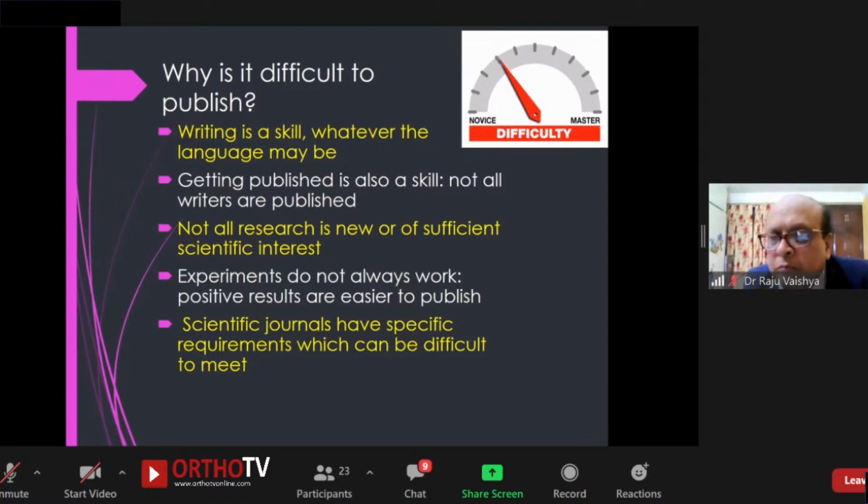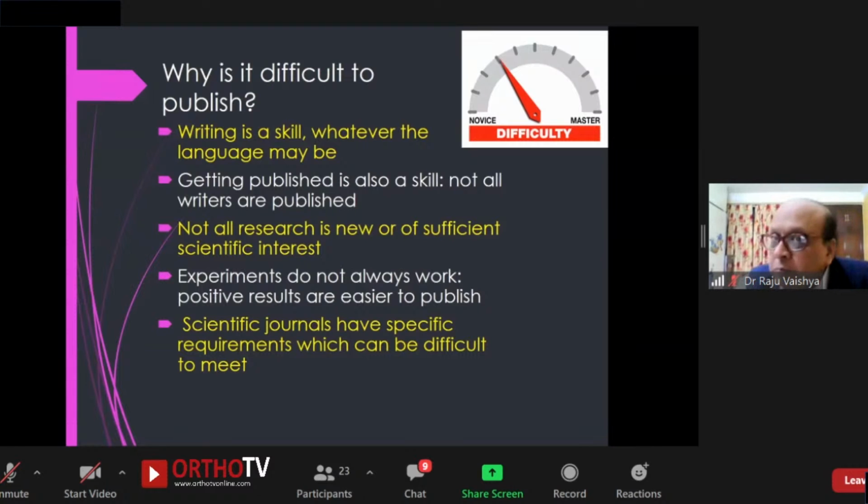However, it has been seen that until recently, positive results were easier to publish, but now it is a common practice to see that a lot of researchers are publishing their negative results also in the journal, and editors and reviewers actually acknowledge any negative results that may be associated with your research.